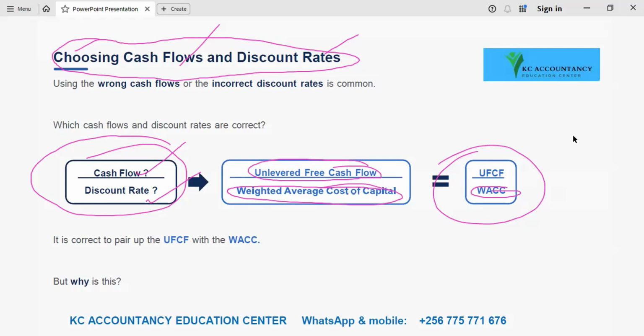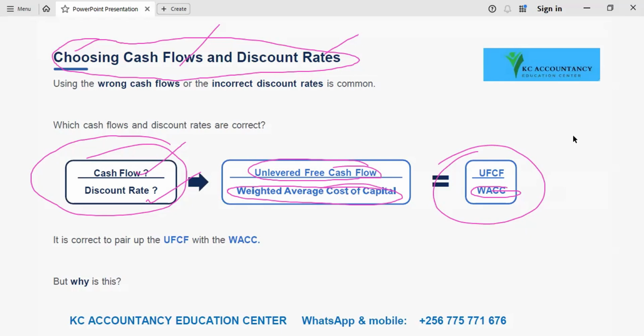We might also know that these are the correct pair to have so that we can have a good DCF model.